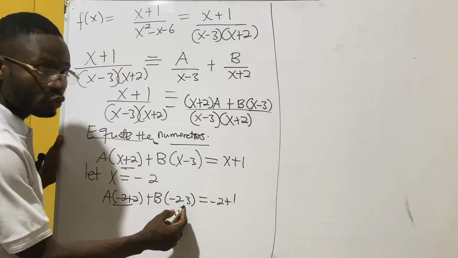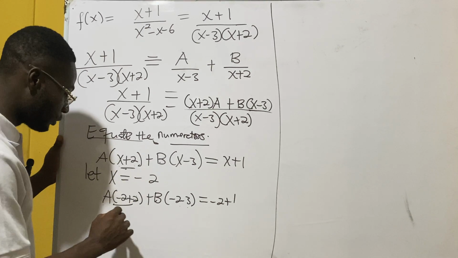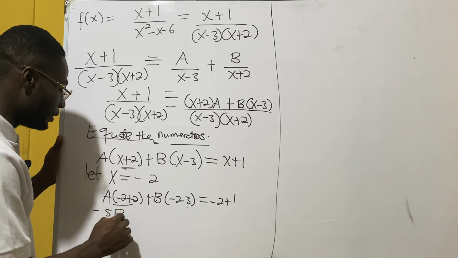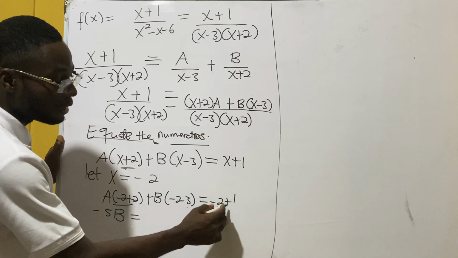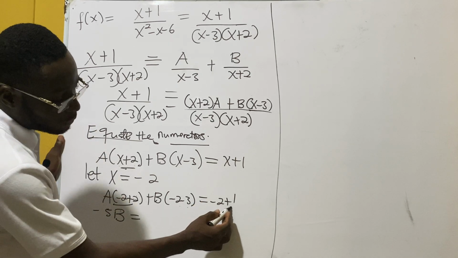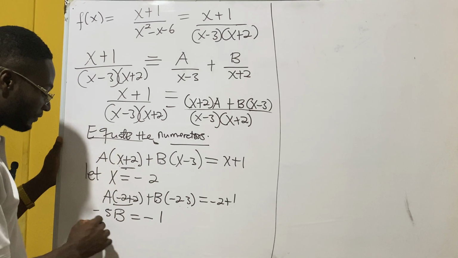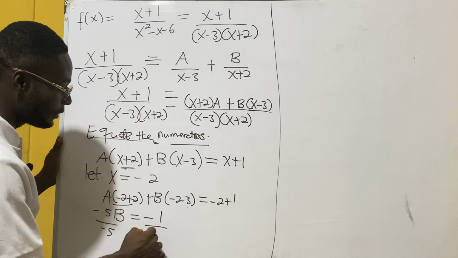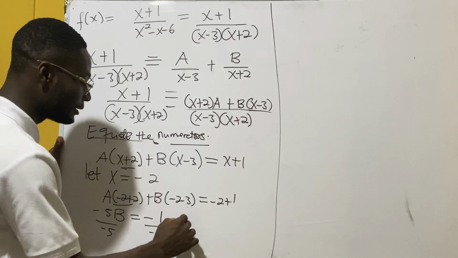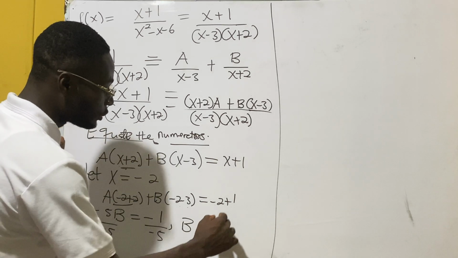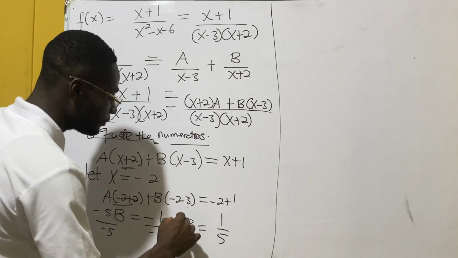Then we have minus 2 minus 3 becomes minus 5. So we have minus 5B is equal to minus 1. Minus 2 plus 1 becomes minus 1. So dividing through by minus 5, we can say that our B is equal to 1 on 5.